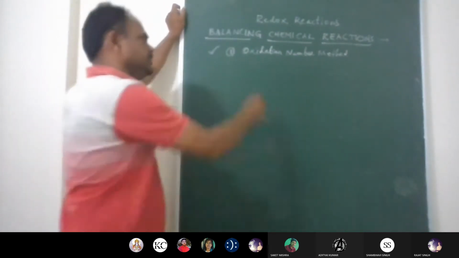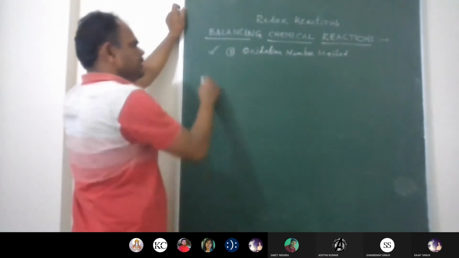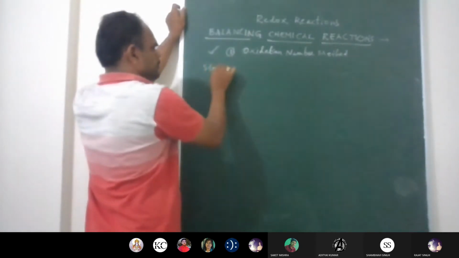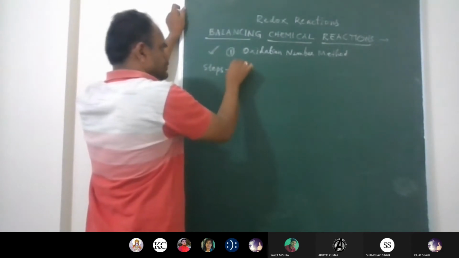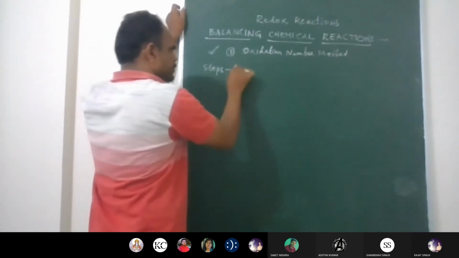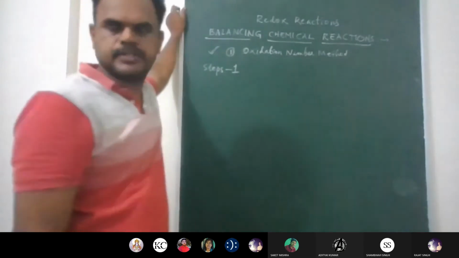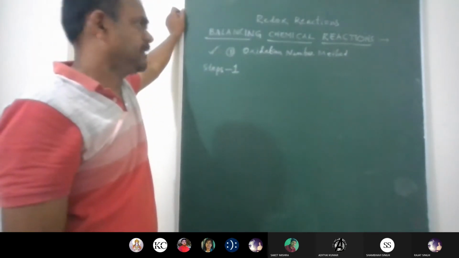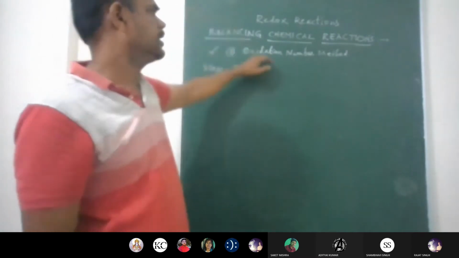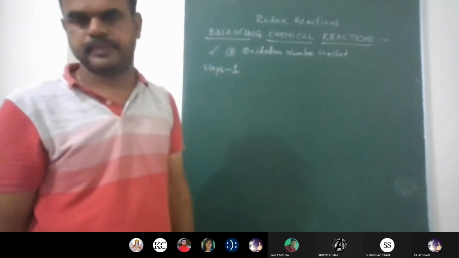If you want to understand this method, we have to follow various steps. How many steps? 5 steps we have to follow for balancing chemical equations by using the oxidation number method.